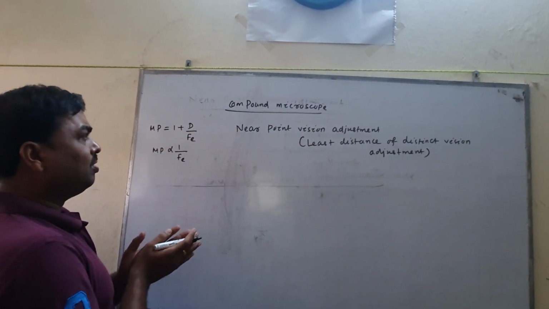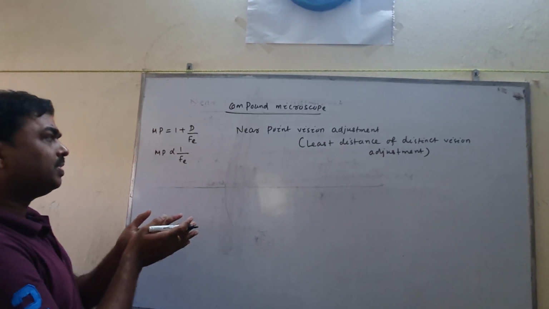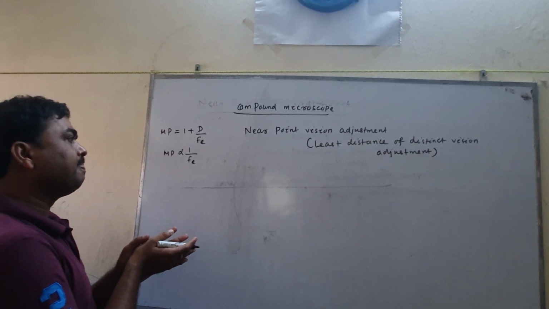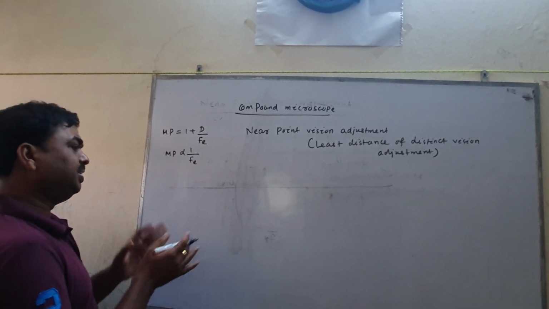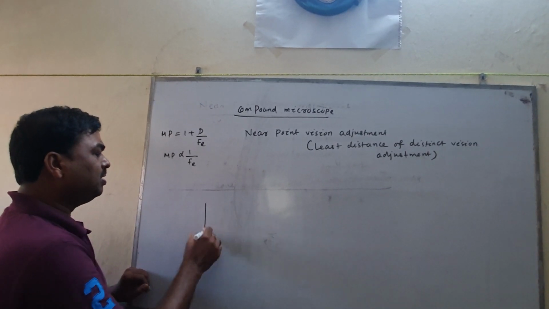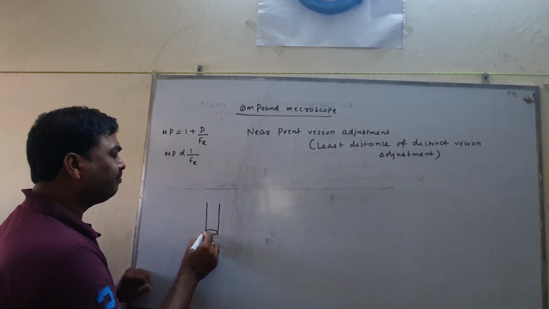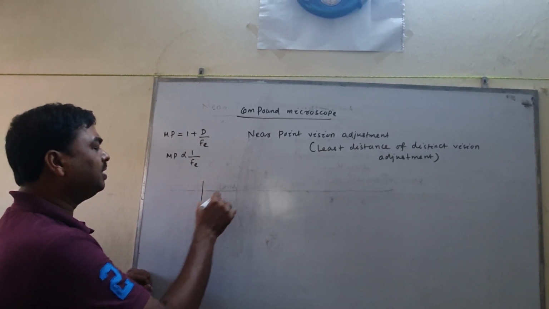This compound microscope consists of two convex lenses, two converging lenses fitted in two cylinders. Generally, one lens is near to the object and another is near to the eye.